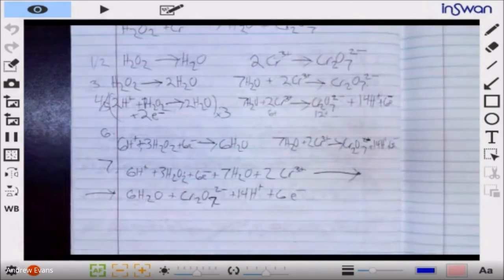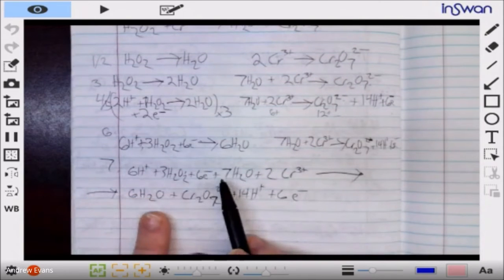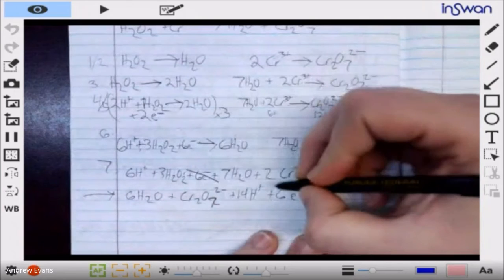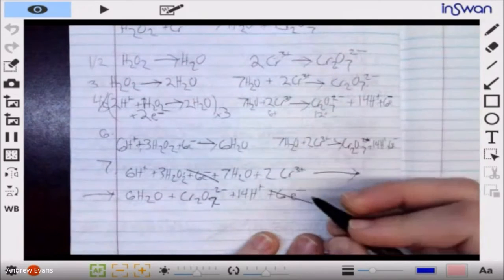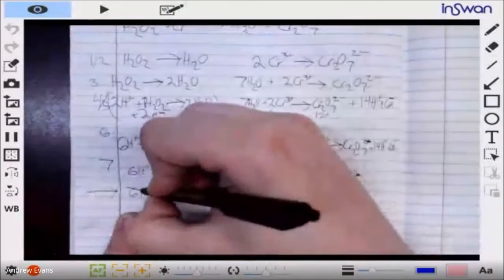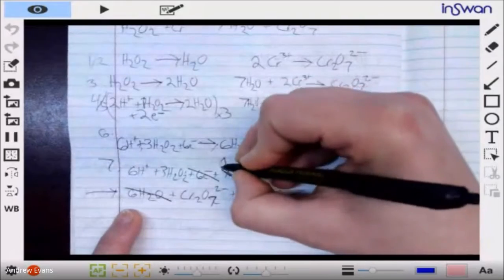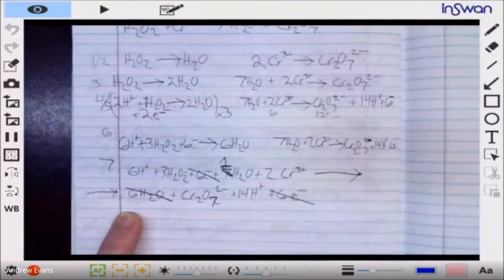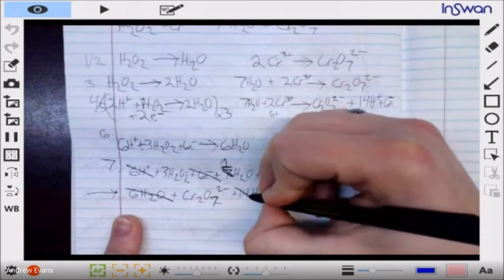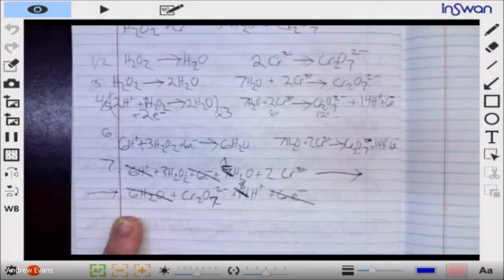Now here's the thing. Everything that appears on left and right, or in this case top and bottom, gets canceled out. So we'll start with the obvious one, 6 electrons. Now here's the less obvious one. 7 waters, 6 waters. 6 of those 7 waters get canceled out. So that goes down to 1 water. 6 protons and 14 protons. That goes down to 8 protons.